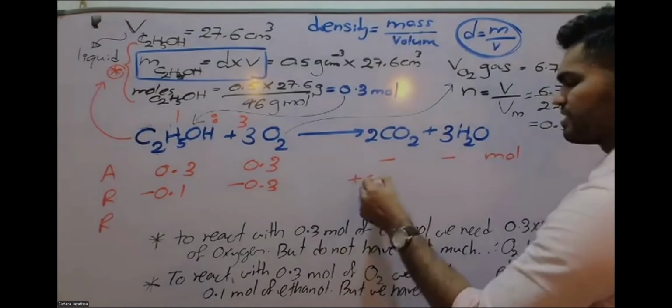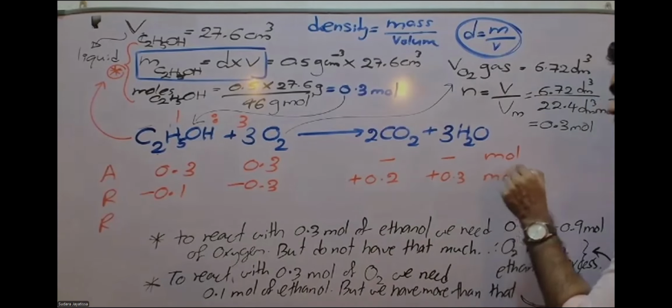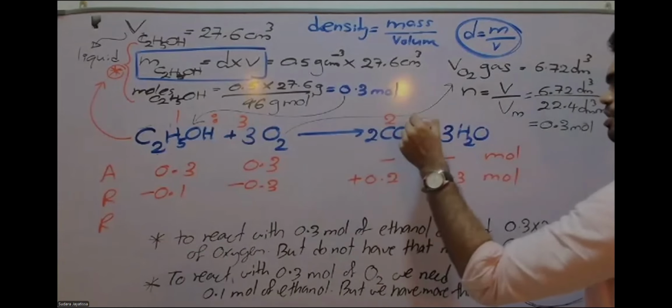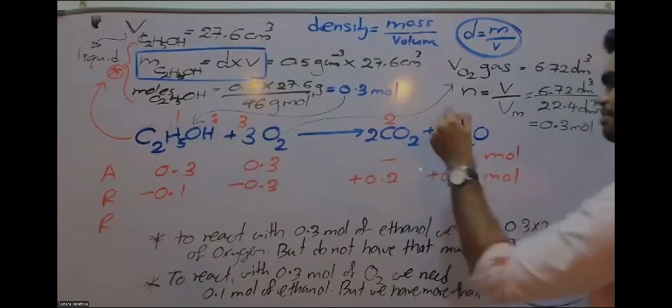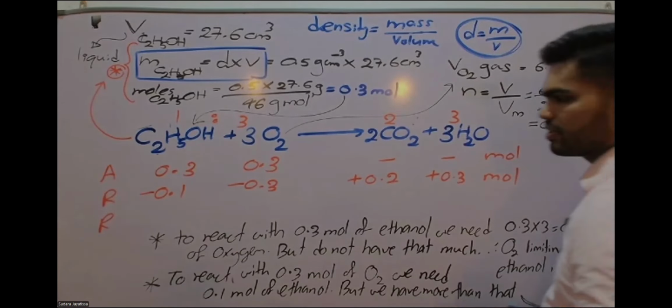On this side you will see the products are formed according to their stoichiometric coefficients. When one reacted here, 2 must be formed. When one reacted here, 3 of water must be formed, working with the ratio. Then you can write the remaining row.